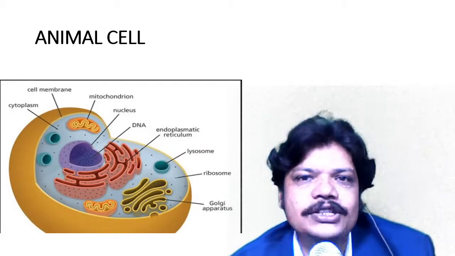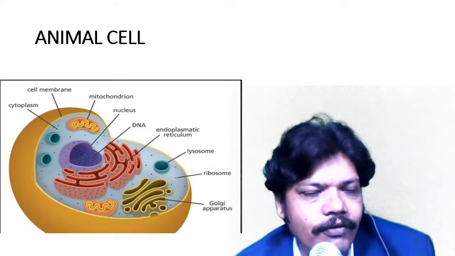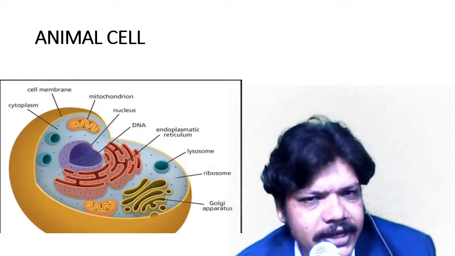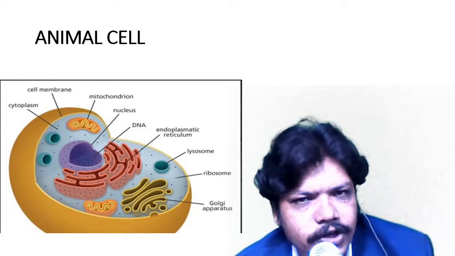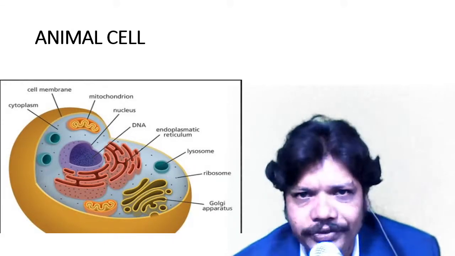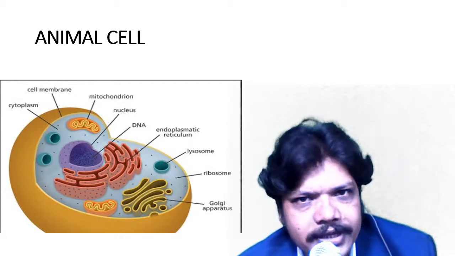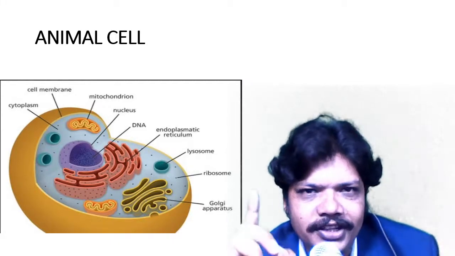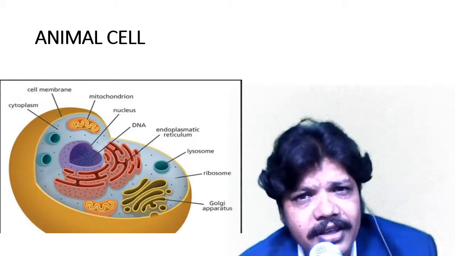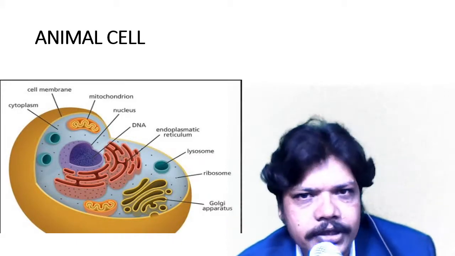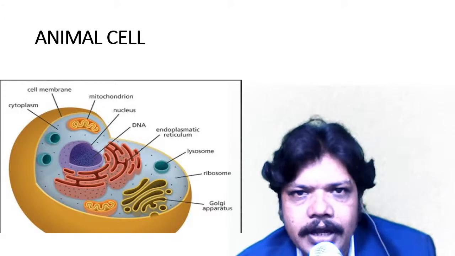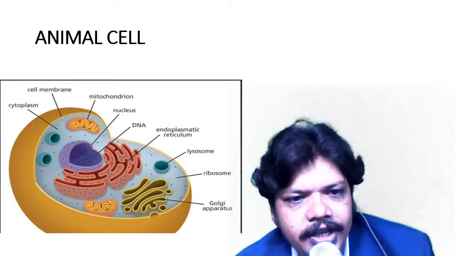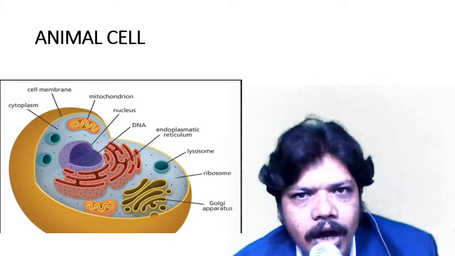That's why the nucleus is very essential for any kind of cell. Remember that the nucleus is absent in the prokaryotic cell, but present in the eukaryotic cell, and it carries the hereditary material, the genetic material, of the cell. That's why the nucleus is the heart of the cell.